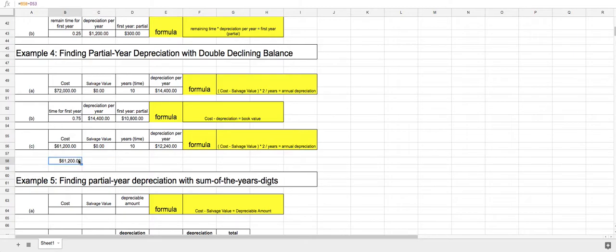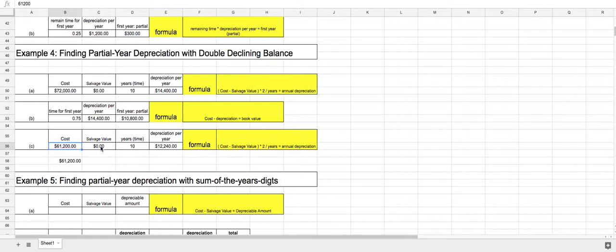So what did I just do? Where did I get the $61,200? We knew that the depreciation at the end of the first partial year was $10,800. So we took the $72,000 and subtracted the first year depreciation, and that is how we get the $61,200.